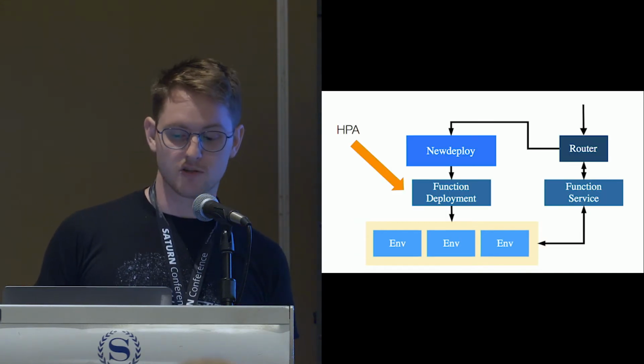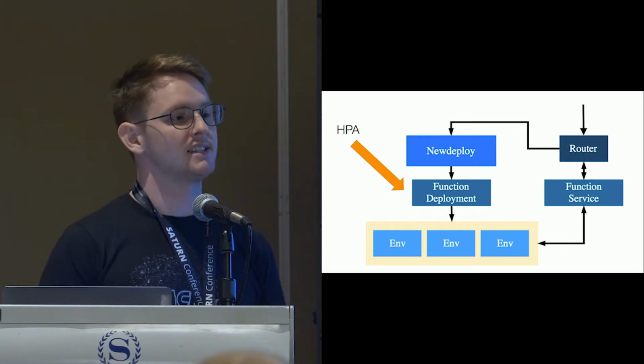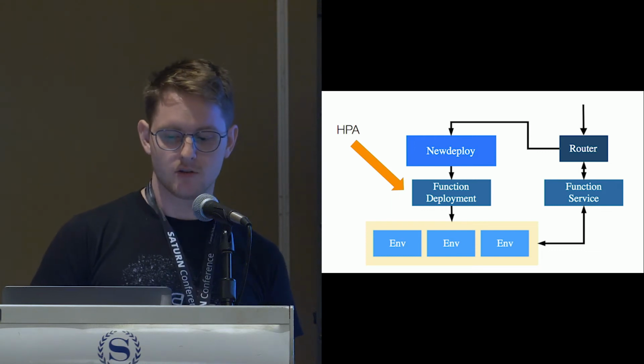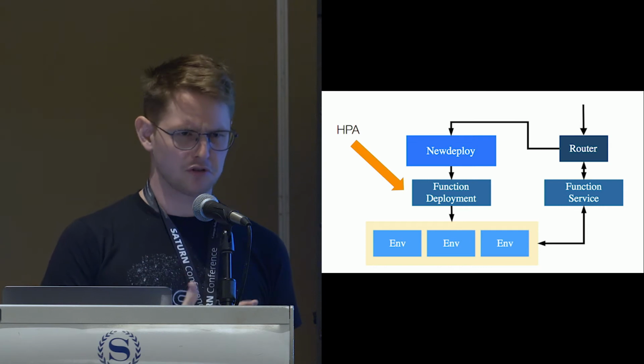But if you have functions that you really care about and they need to have low latency and you expect them to be slammed really hard, then you can set this up with a deployment, a deployment in Kubernetes, right?